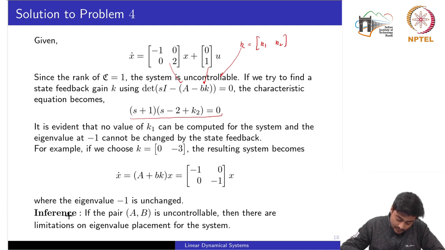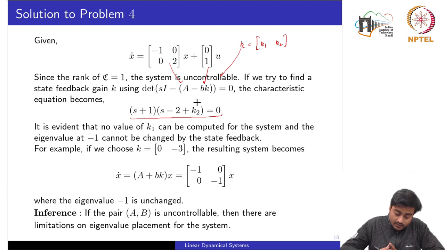Okay, so the inference we have drawn from solving this problem is that if the pair AB is uncontrollable, then there are limitations on eigenvalue placement for the system. It also shows that, depending on the rank of the controllability matrix, only one of the eigenvalues can be placed anywhere.